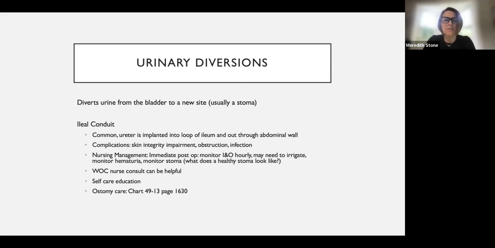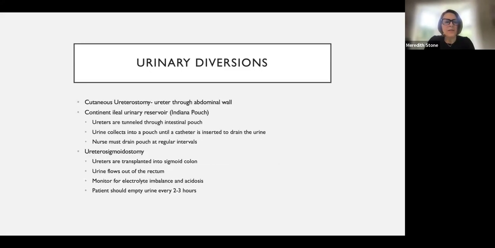Sometimes we might have to irrigate it, right? A wound ostomy nurse is going to be helpful, especially helping them learn at first with their ostomy care and changing the bag, etc. I think most of you have experience with that, or we've certainly talked about it as well in the last GI lecture.